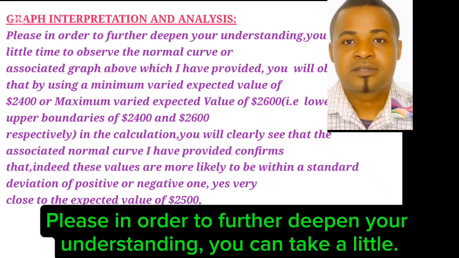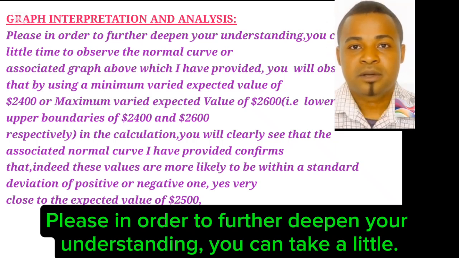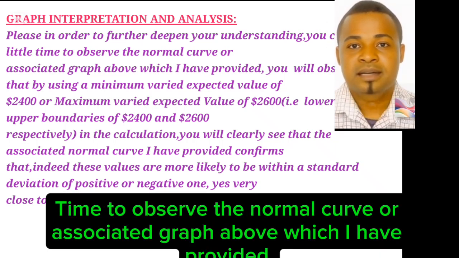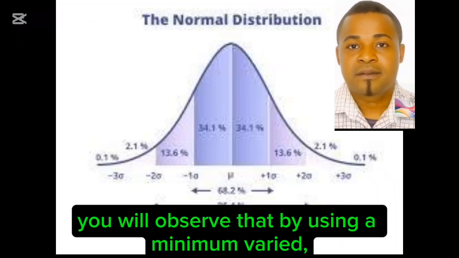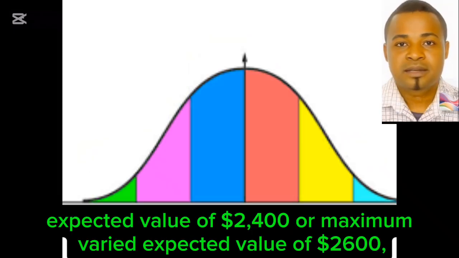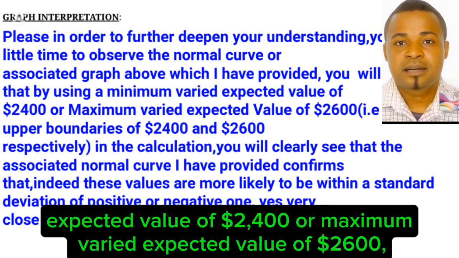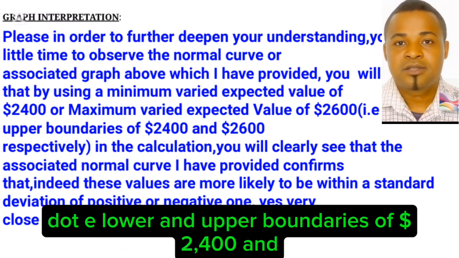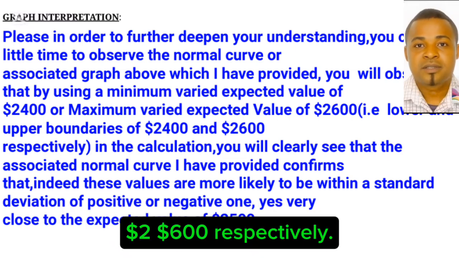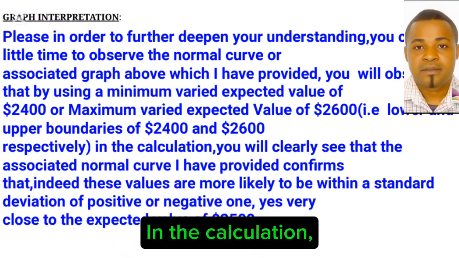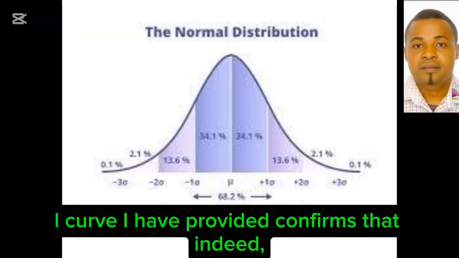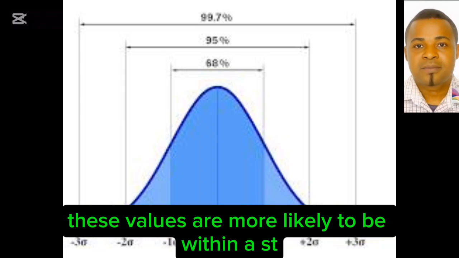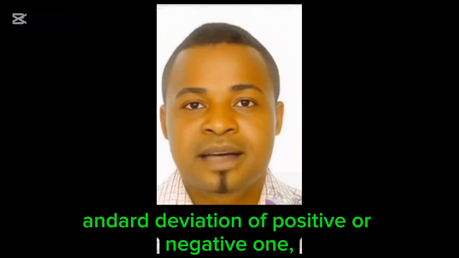Please, in order to further deepen your understanding, you can take a little time to observe the normal curve or associated graph above which I have provided. You will observe that by using a minimum varied expected value of $2,400 or maximum varied expected value of $2,600, i.e. lower and upper boundaries of $2,400 and $2,600 respectively, in the calculation, you will clearly see that the associated normal curve I have provided confirms that indeed these values are more likely to be within a standard deviation of positive or negative 1.